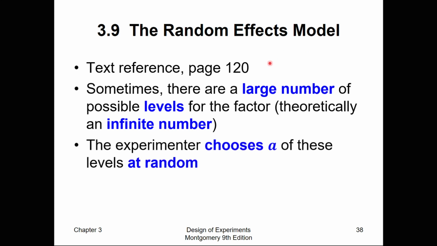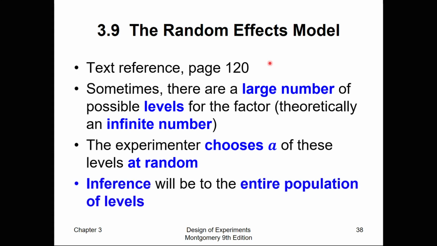And when we have to pick a few, that's where random effects comes in. The experimenter chooses A, or capital I, depending on the notation, factor levels at random, and those are the ones you're going to use in your study. The complication is that you don't want to just make a decision about those A factor levels, because you don't really care about them. Your goal is to look at the effect of the factor, which has way more factor levels than just those A you picked.